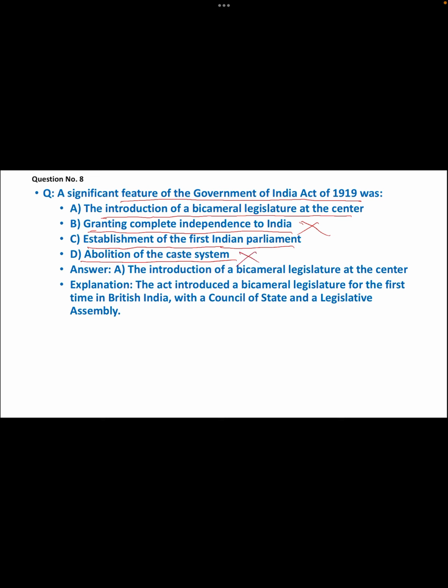So the right option is A, the introduction of bicameral legislature at center. The act introduced a bicameral legislature for the first time in British India with Council of State and a legislative assembly. So option A is the right answer.